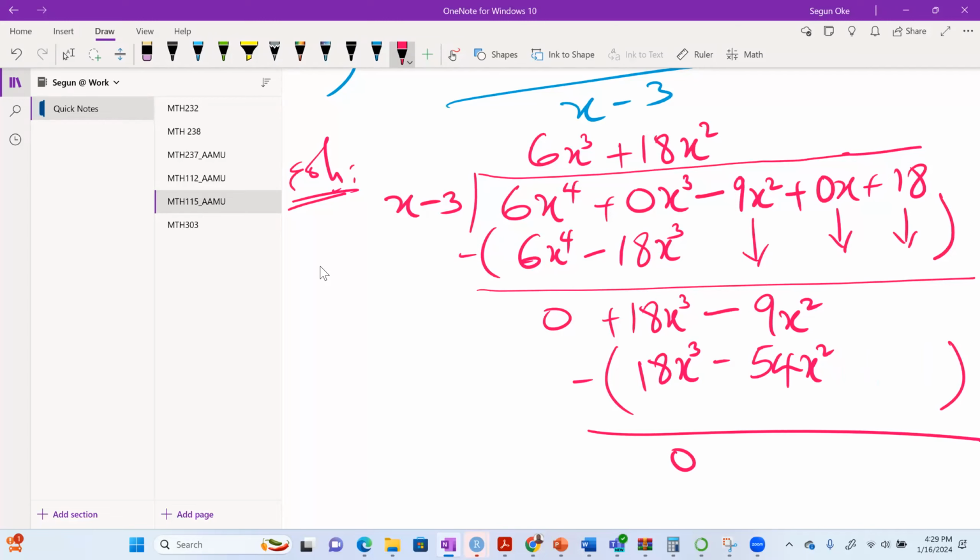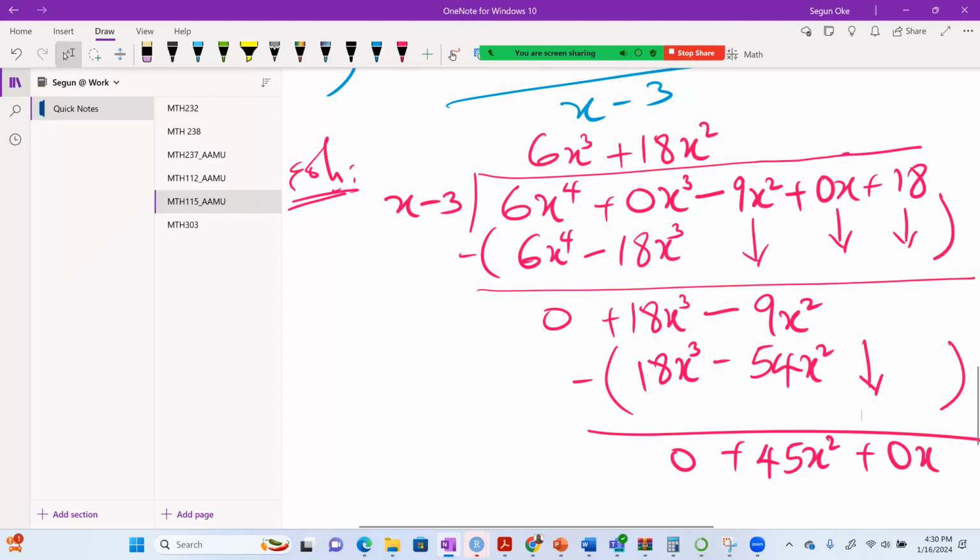Then minus times minus is positive, 54 minus 9x squared will give me plus 45x squared. Then I can bring this down, which is plus 0x down.